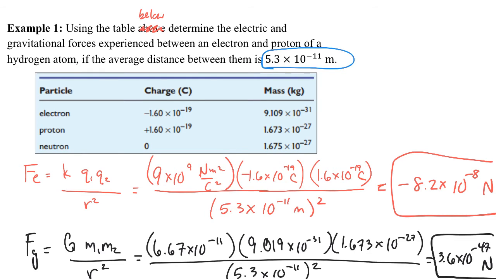For a two-particle system, a negative electric force simply means that it is attractive. A positive would indicate repulsive. For a three-particle system it is going to be different. We're going to show that in a minute so you can see that.